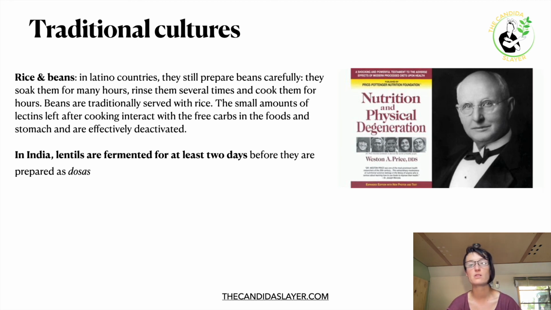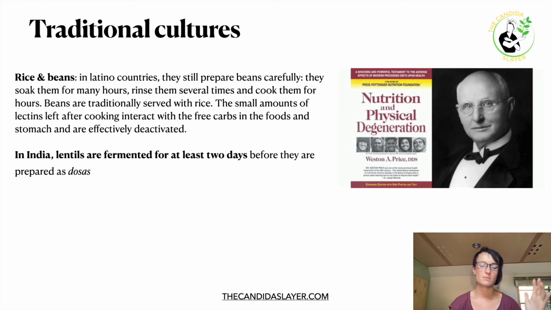As we said before, it's because the lectins that are not eliminated by the soaking, rinsing, and cooking will bind to the carbs in rice, and therefore the lectins will be eliminated with your stools instead of passing into your bloodstream.